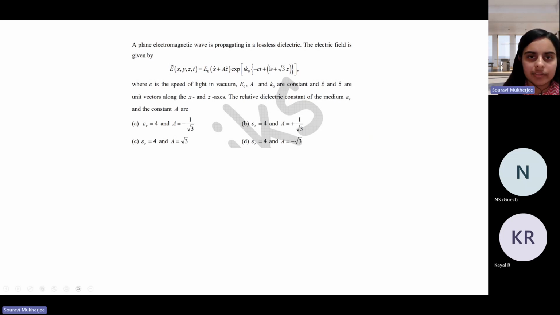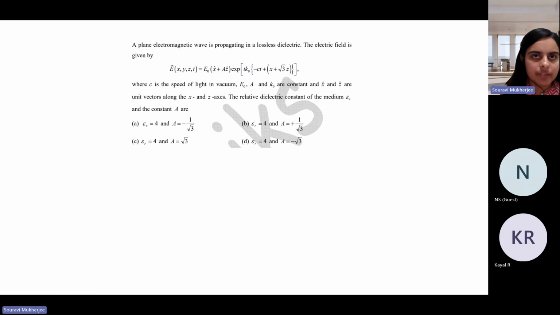It's important to understand, when you are given some expression of a wave, some electric field disturbance, some magnetic field expression, what information it tells us. Obviously a wave should have a wave vector, which tells about the direction of propagation of the wave, right?